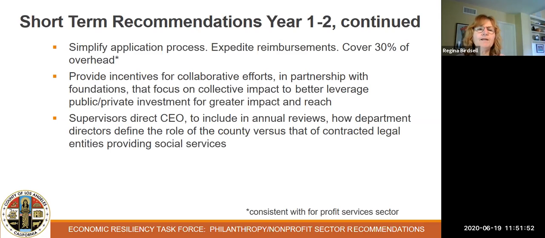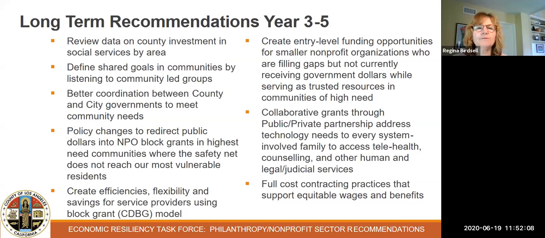And then we were hoping that the supervisors would direct the CEO to include, at the director level, how they contract to provide social services. We thought it would be a really great opportunity for people to get focused on common goals and measuring against those goals.